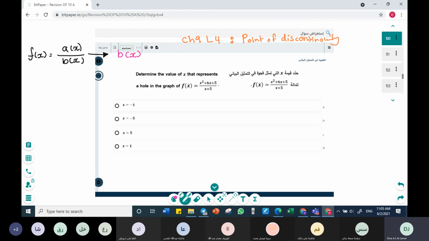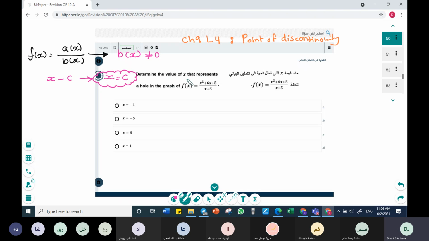So b of x must not equal 0 if I want it to be defined. That means my point of discontinuity will come from a factor of x minus c. That means x is equal to c is my point of discontinuity. And sometimes a polynomial in the numerator is simplified using the one in the denominator, and you can cancel them out. So let's have a look at what the question will be.